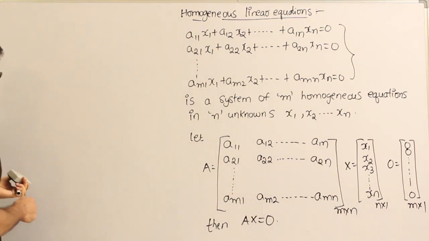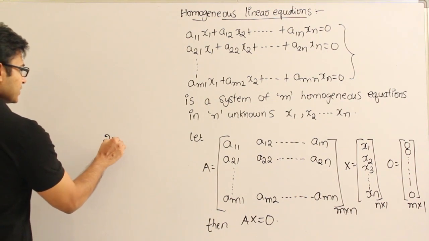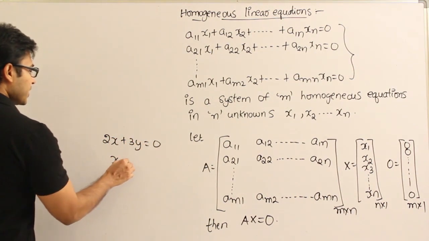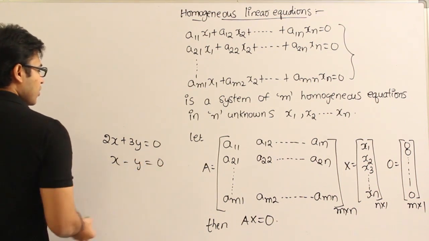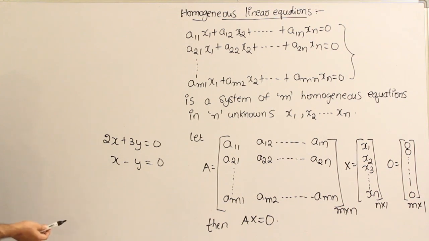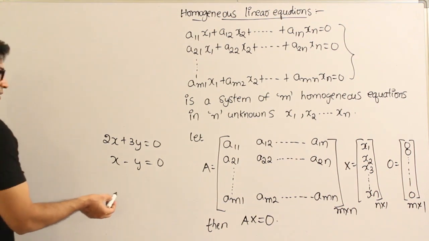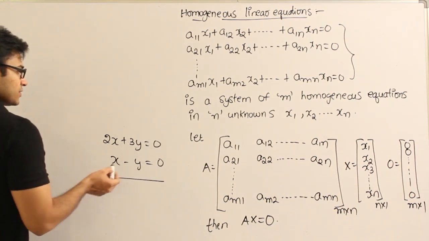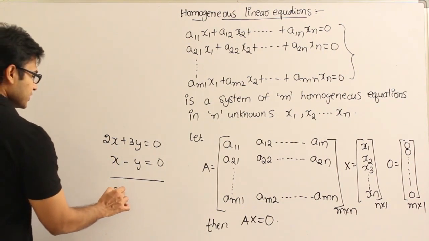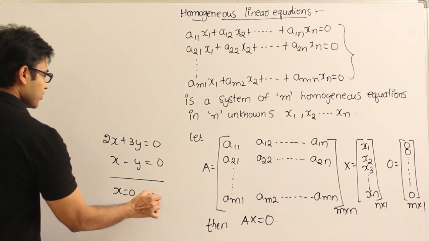See, what I mean to say is, if I have equations like 2x plus 3y equal to 0 and maybe x minus y equal to 0, you might be able to find some other solution, right? But one solution which will definitely satisfy these two equations is x equal to 0 and y equal to 0.